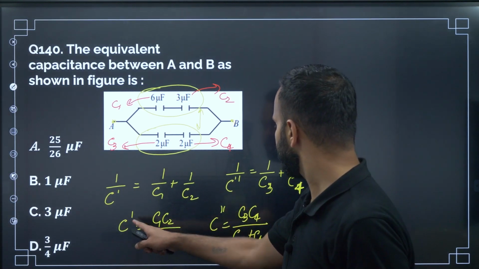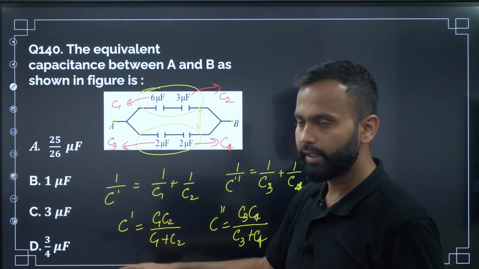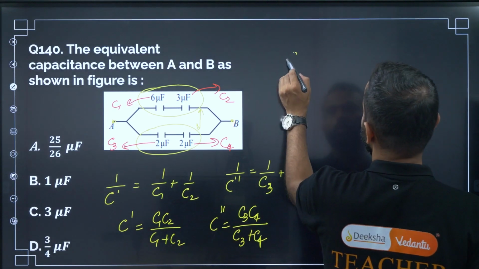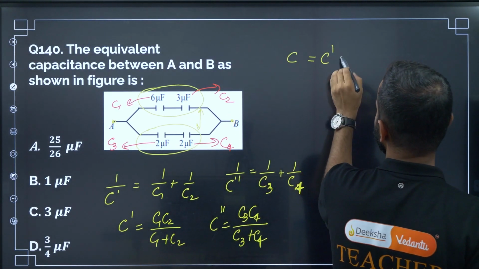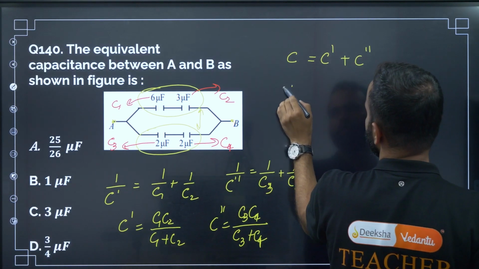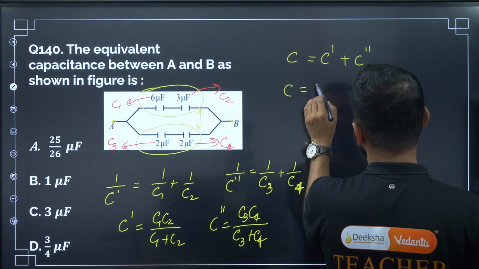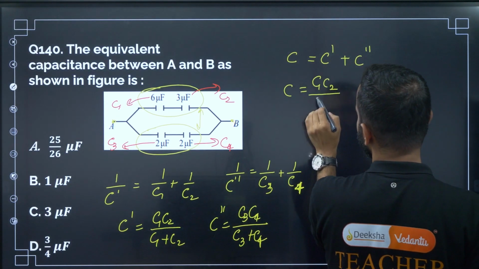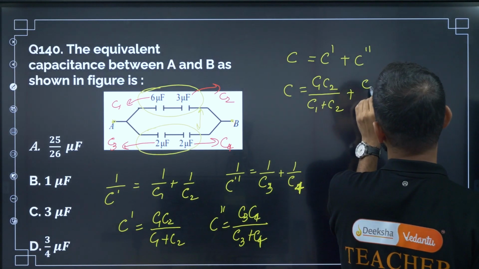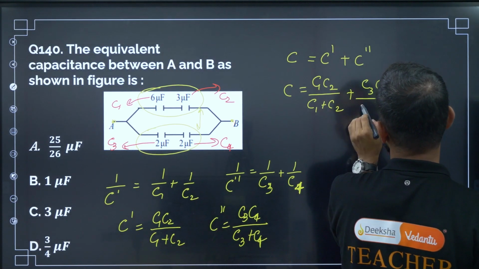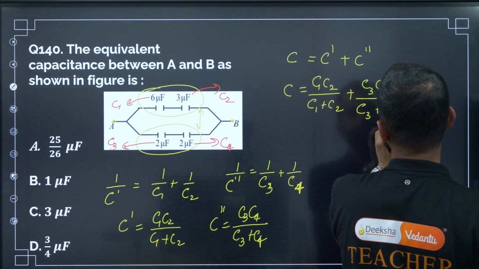Now C dash and C double dash are in parallel. So the equivalent capacitance between A and B, C equals C dash plus C double dash. So C equals C1 C2 divided by C1 plus C2 plus C3 C4 divided by C3 plus C4.